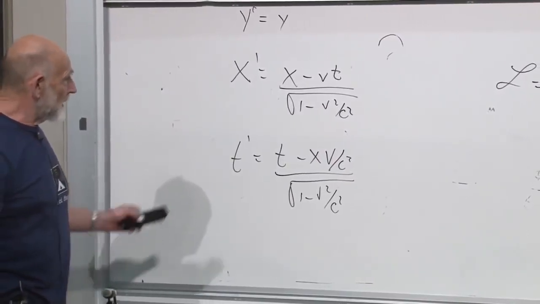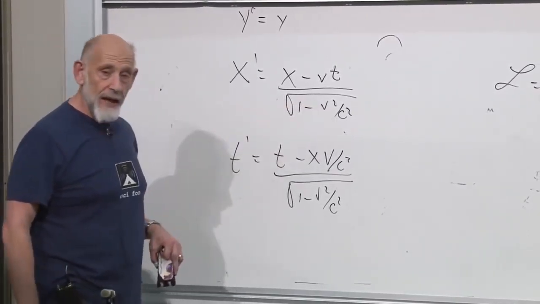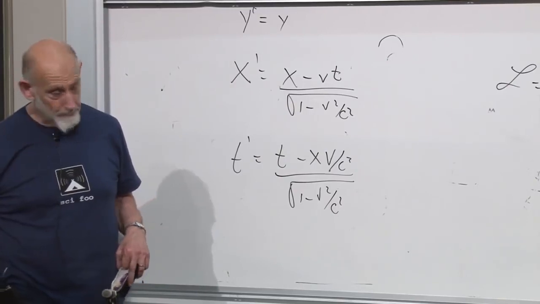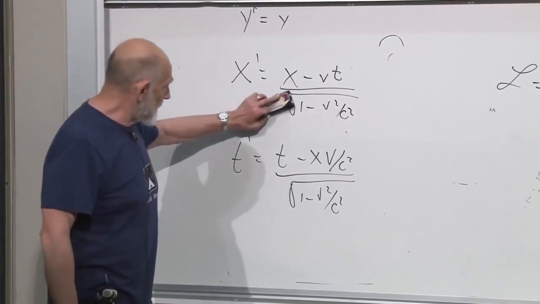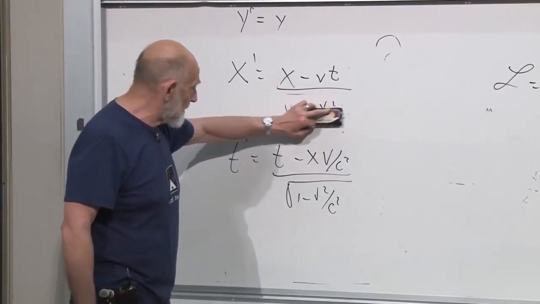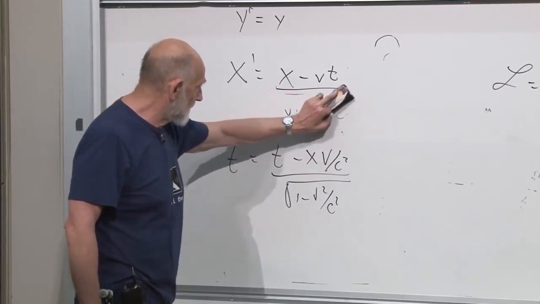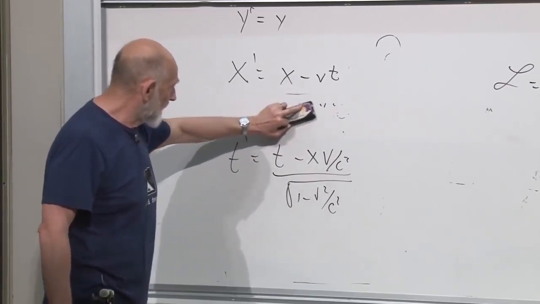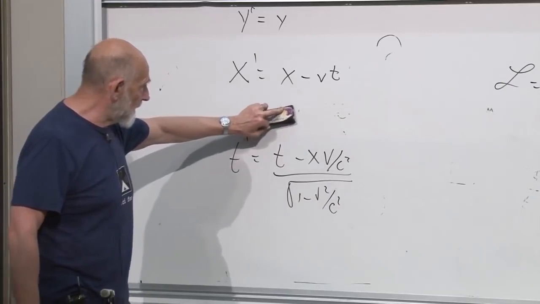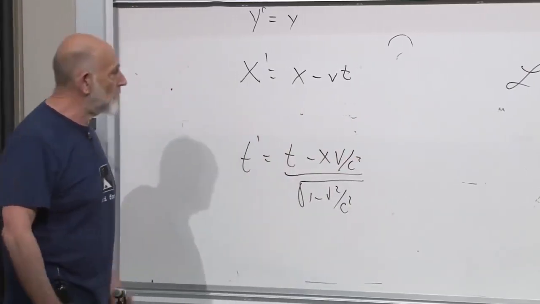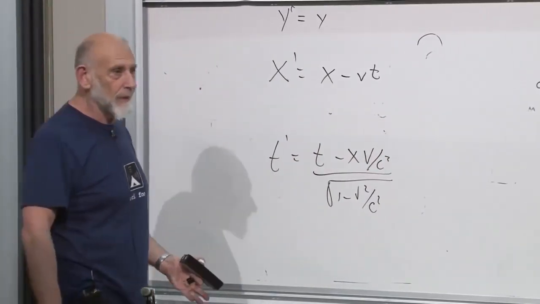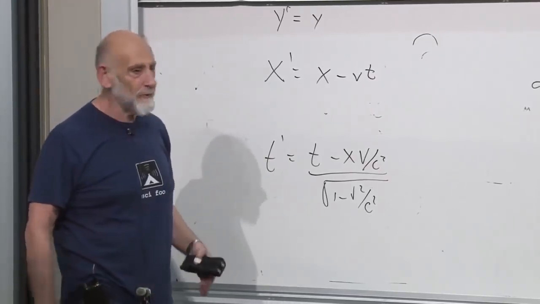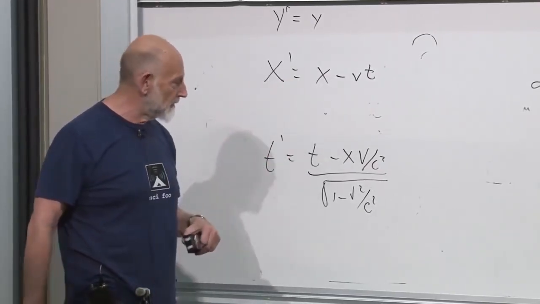What happens to them? Well, the square root in the denominator here just becomes 1. So it's just x prime is equal to x minus vt. Well, that's familiar. That's just the change of coordinates; before anybody ever heard of the special theory of relativity, this is what they would have written down.